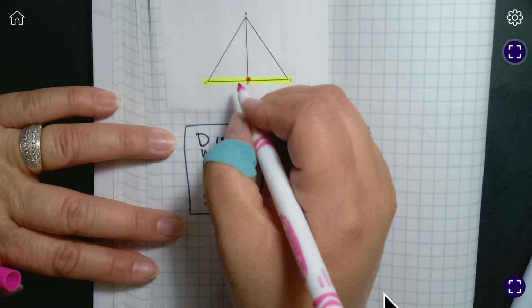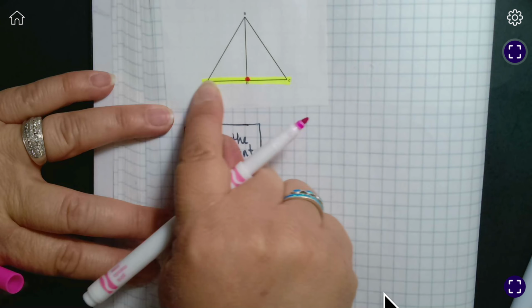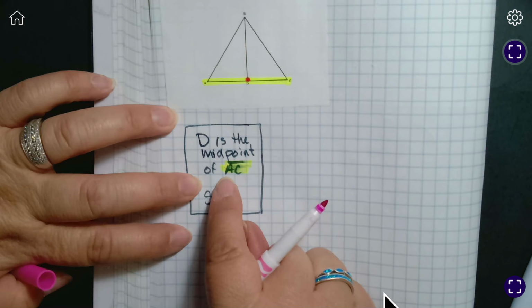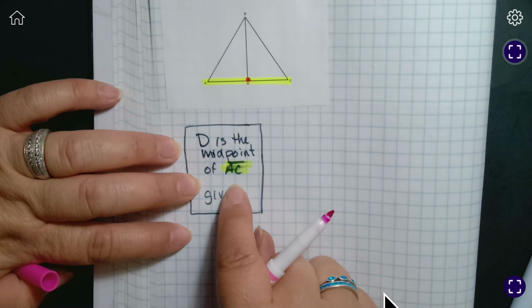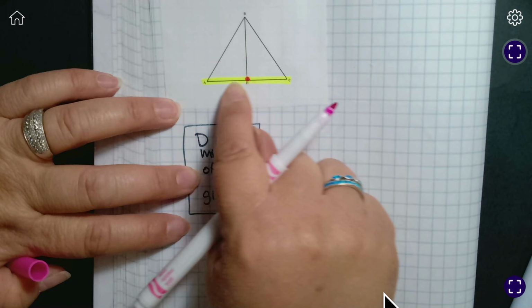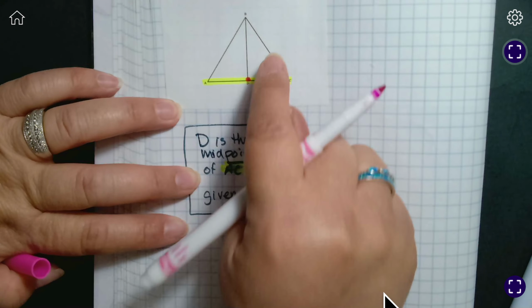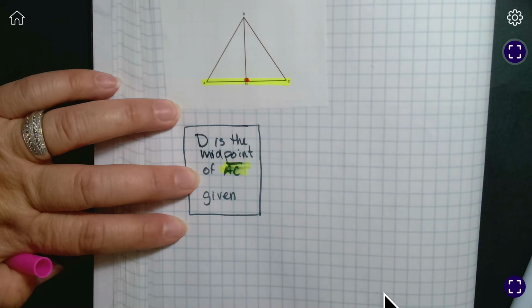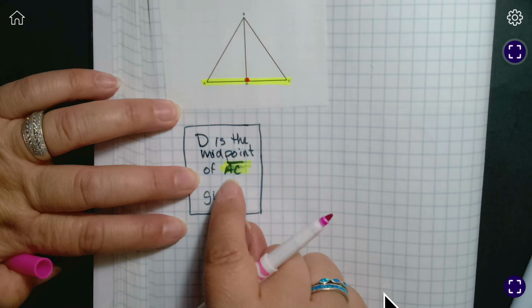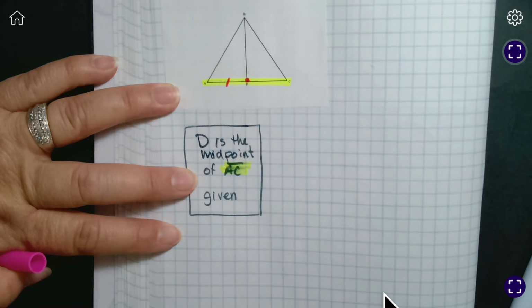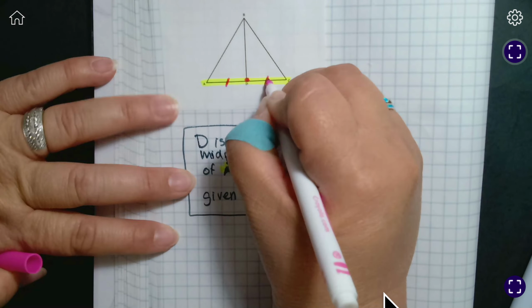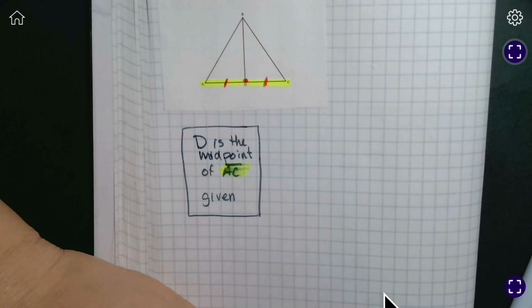So here's AC, because that's what was bisected, or what we have the midpoint of. You look at AC, not any of the other lines. Don't worry about any of the other lines, okay? Then you go on one side of the midpoint and the other side of the midpoint. Those are the ones that are congruent.